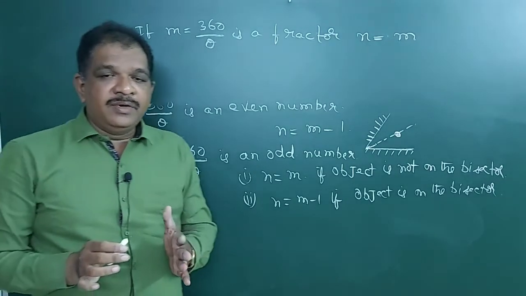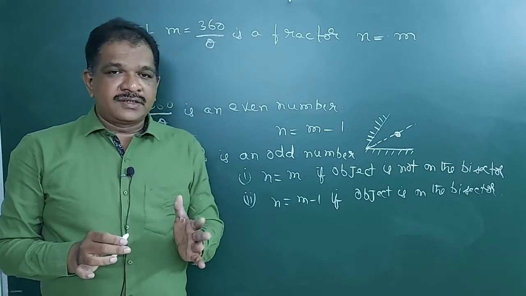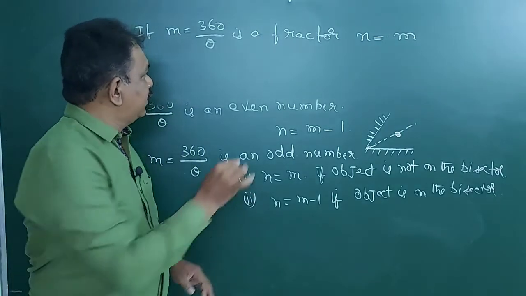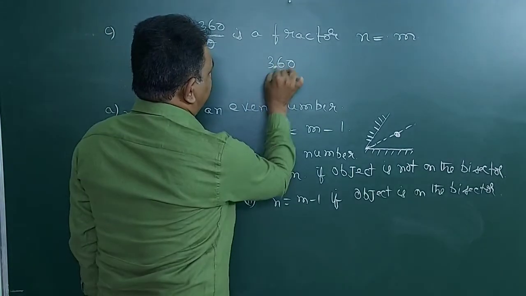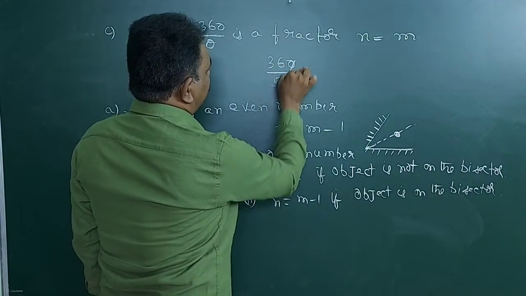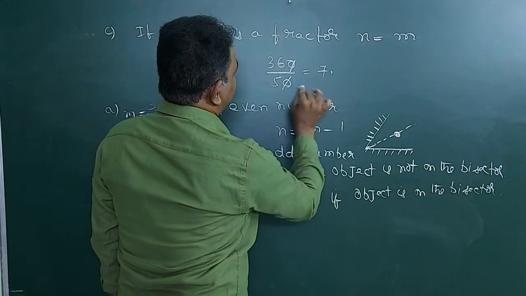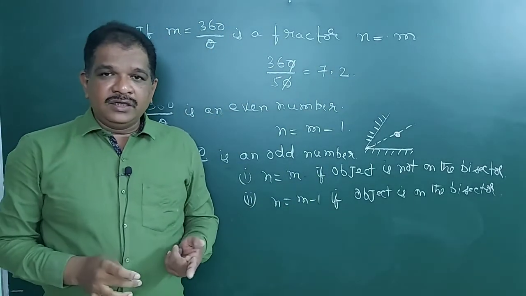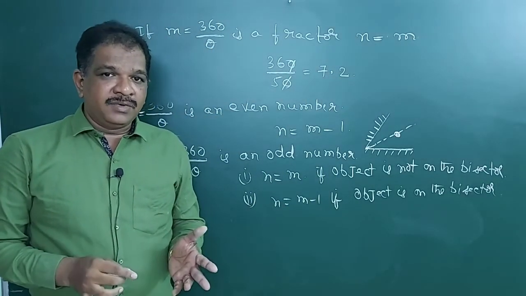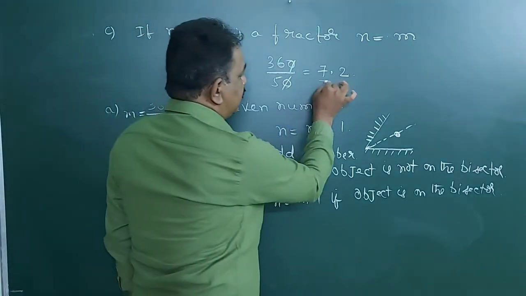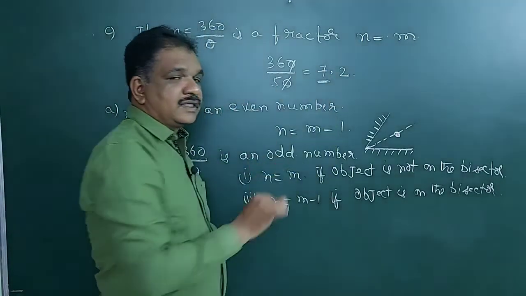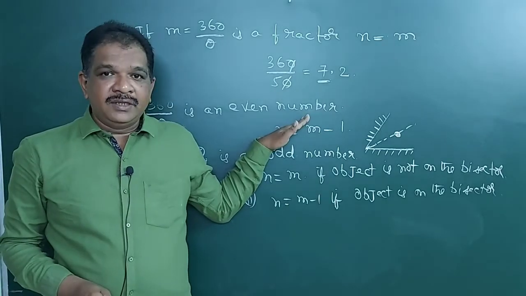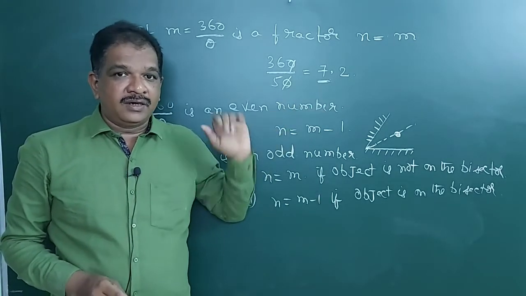For example, the angle between the two mirrors is 50 degrees. Then 360 by 50. How much will this be? 5 7s are 35. So 7.2. Then how many images will be formed in the mirrors means you have to take this integer part. 7 images will be formed. Like this questions will be there on the plane mirrors.